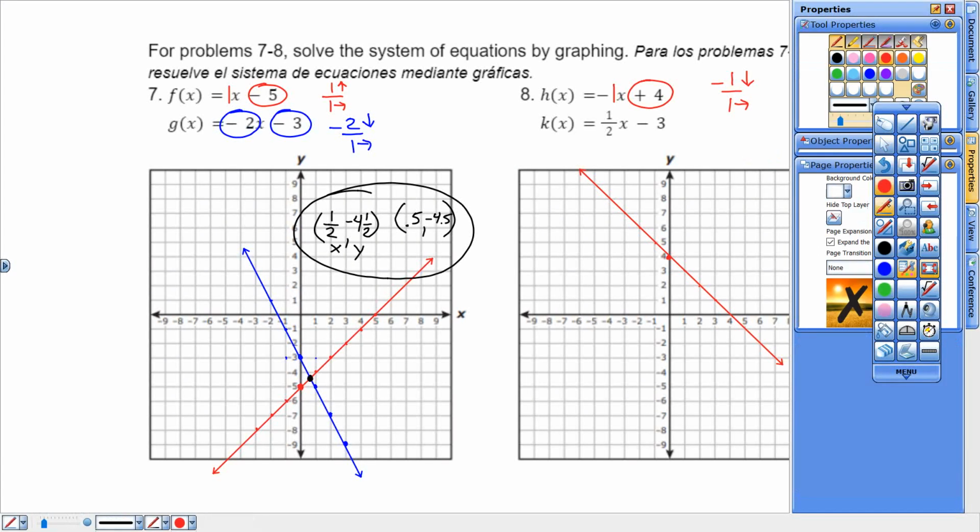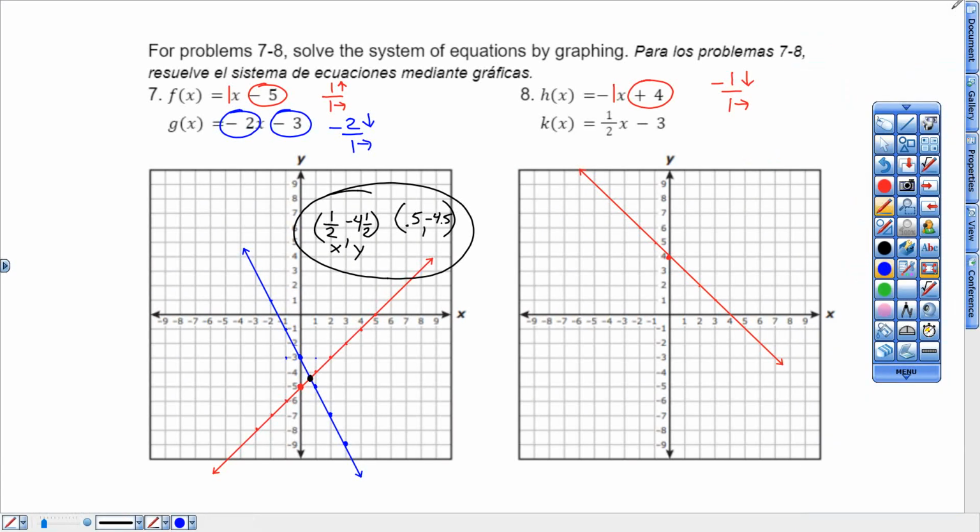All right, now do my line in blue. Starting at negative 3. And this one, 1 over 2 tells me right 2, up 1, right 2, up 1, right 2, up 1. That's what 1/2 is. Stair step down 1, left 2.